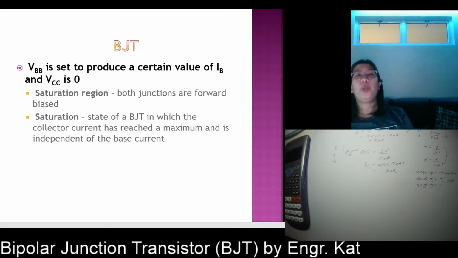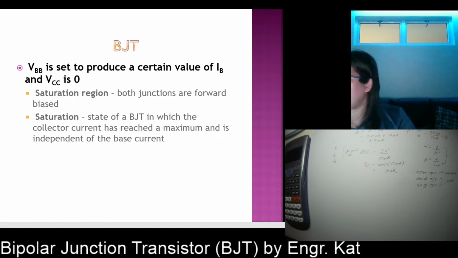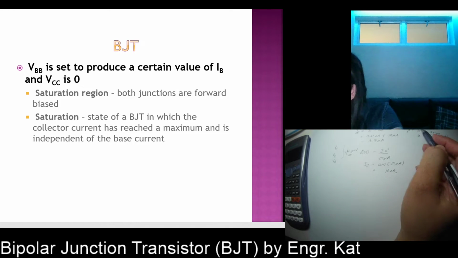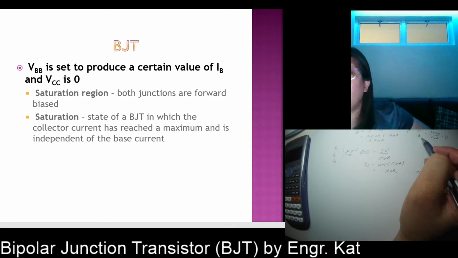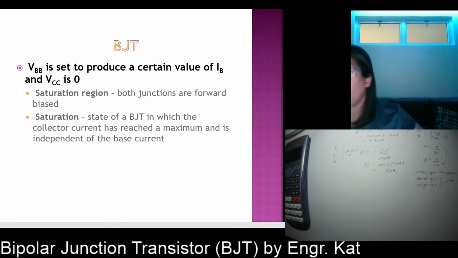Okay, so when we say saturation, this is a state of a BJT in which the collector current has already reached its maximum and is already independent of the base current. As you can see, collector current is dependent on base current because when you use this formula, IC is equivalent to beta multiplied by your IB.